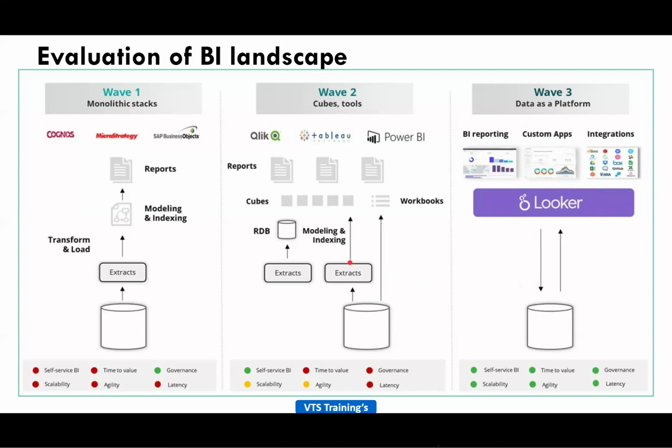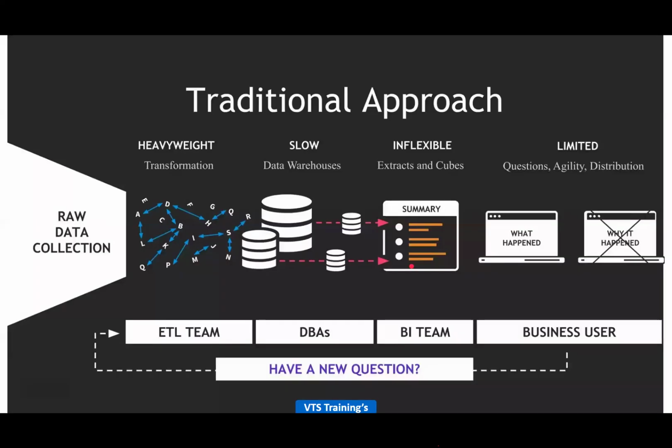Okay. The next is the traditional approach. What is the traditional approach which we discussed? There is a data warehouse which has raw data. The ETL team collects data from the different upstreams, the different data silos.